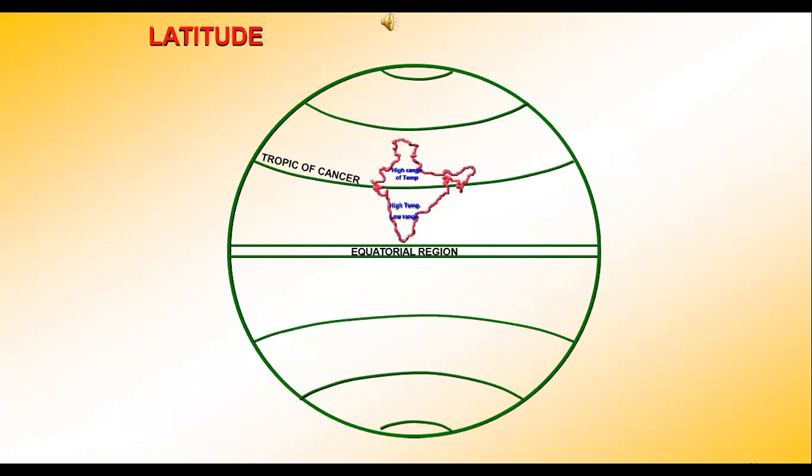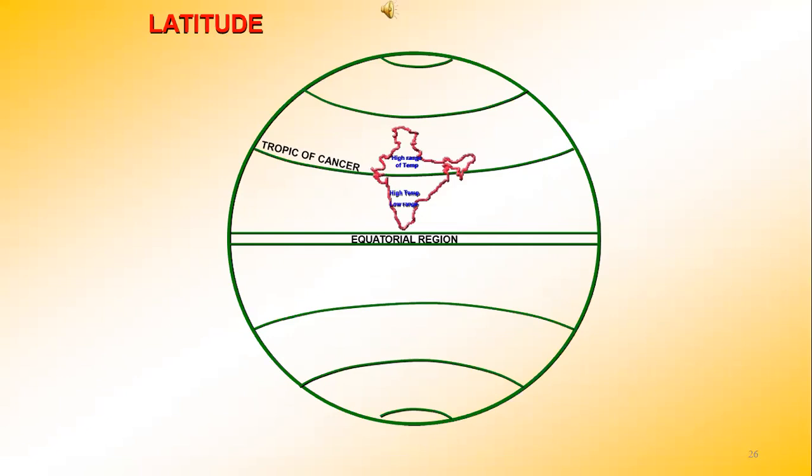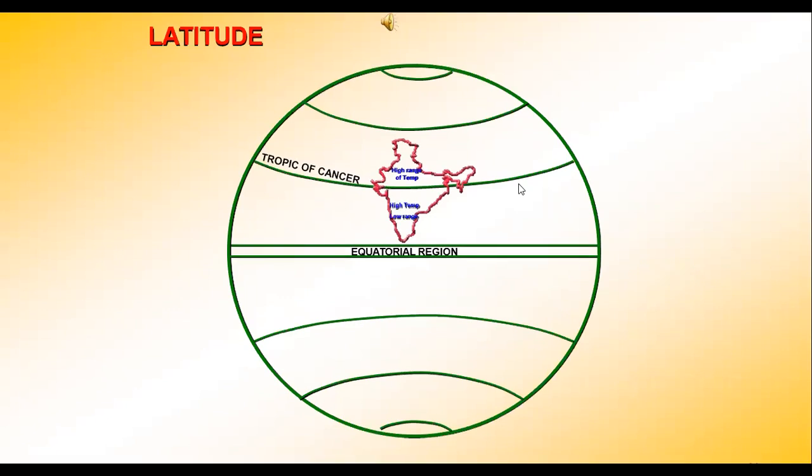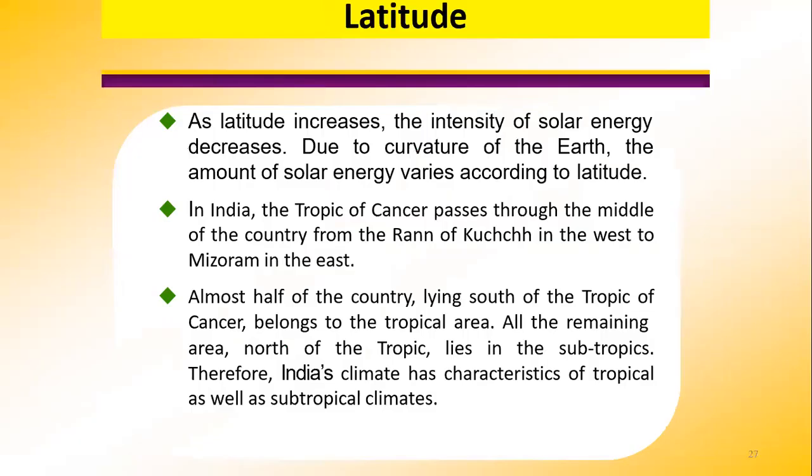The area to the south of the Tropic of Cancer is tropical, and all the remaining area to the north of it is subtropical. So our country is divided into tropical and subtropical areas, and India's climate has characteristics of both.